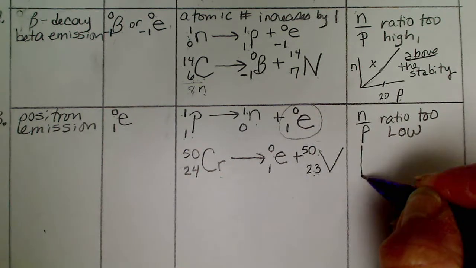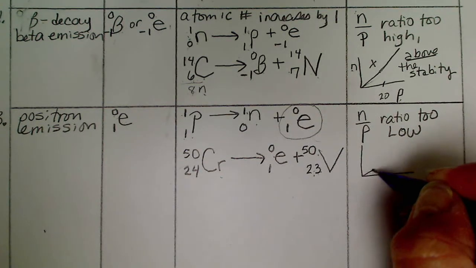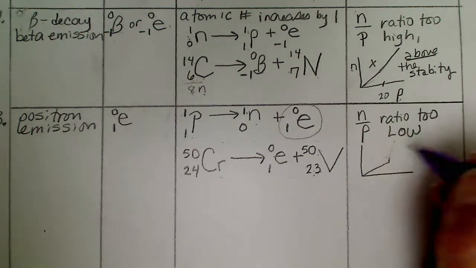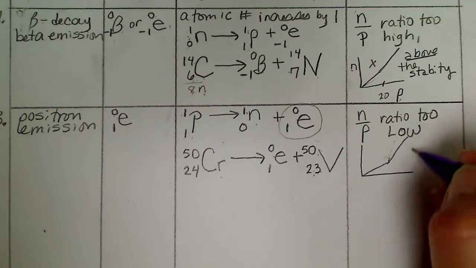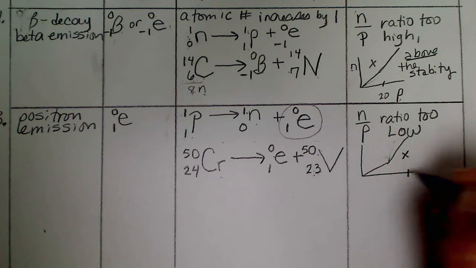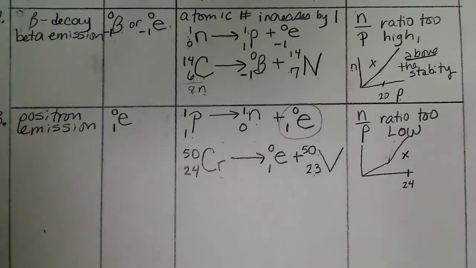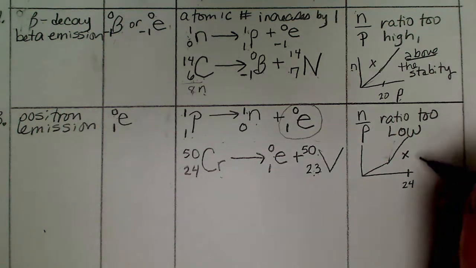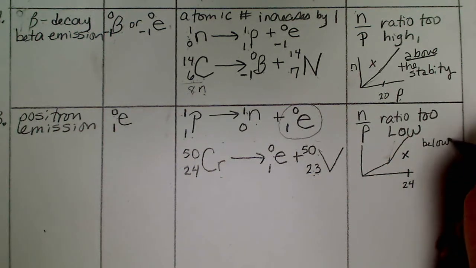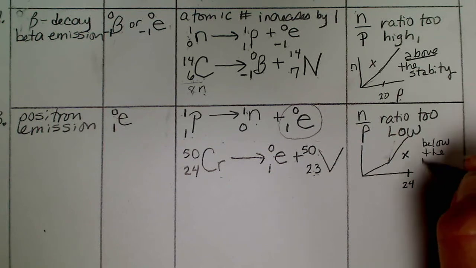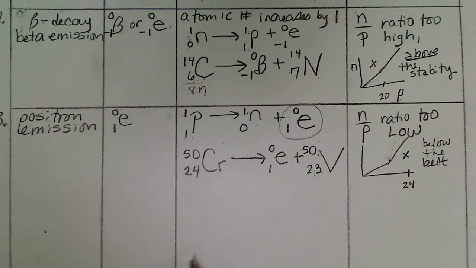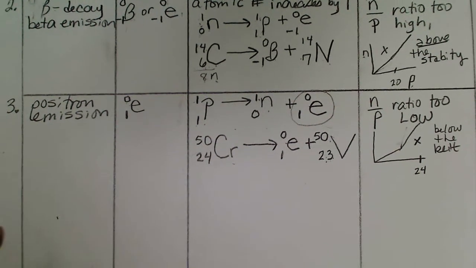So we also might see that written as, oops, that's a little bit too steep of a slope for the belt of stability, but that would be below the belt of stability, so the number of protons here, in this case, 24. And so if that atom is below the belt of stability, that's when positron emission is likely to occur.